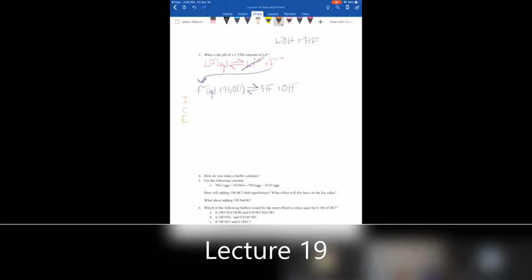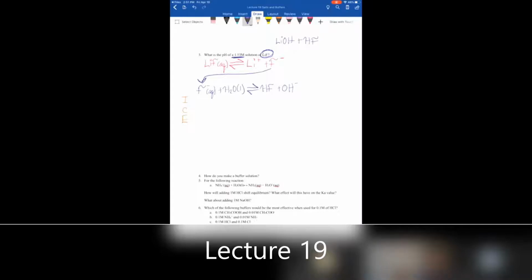So let me get rid of that scratched out. This is your concentration of LiF. This is how much LiF you have in this solution of water. So this is LiF, is it soluble in water?